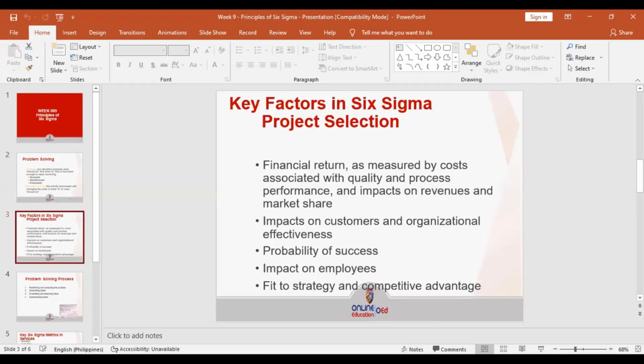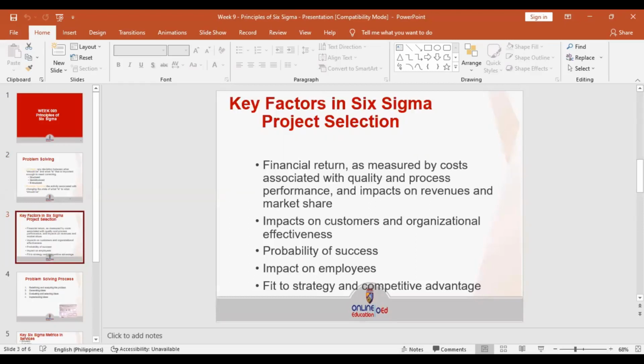Another factor is the impact on the customer and organizational effectiveness. What will be the impact of Six Sigma on the customers when it comes to retaining their satisfaction, and the effectiveness of the organization in delivering the products to the customers?